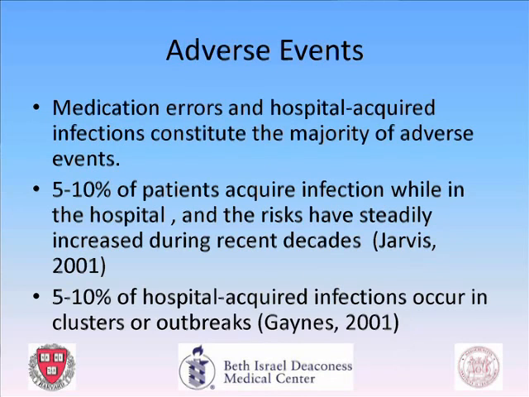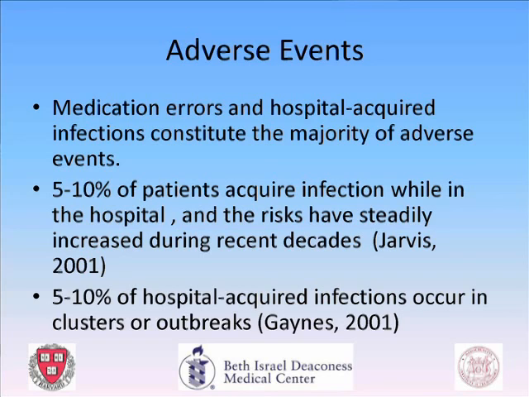So as I mentioned earlier, there are two major components of adverse events in healthcare: medication errors and hospital-acquired infections. As regards hospital-acquired infections, 5 to 10% of patients would develop them when they get admitted. So they come in without those infections, and they pick them up either from their carers or from the environment in the hospital.